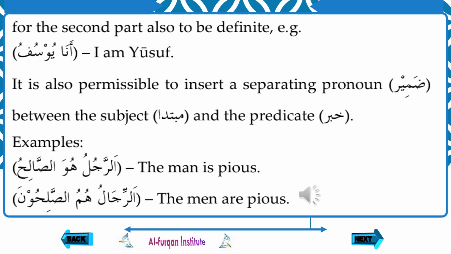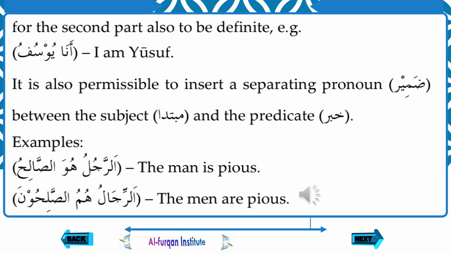In the example of Ana Yusuf, I am Yusuf, ana is a pronoun, and all pronouns are definite. Yusuf is a proper noun, and all proper nouns are also definite. It's still a jumla ismiya because Yusuf is a proper noun, not an adjective, so the sentence is fine. The second exception is adding a separating pronoun, that is damir.